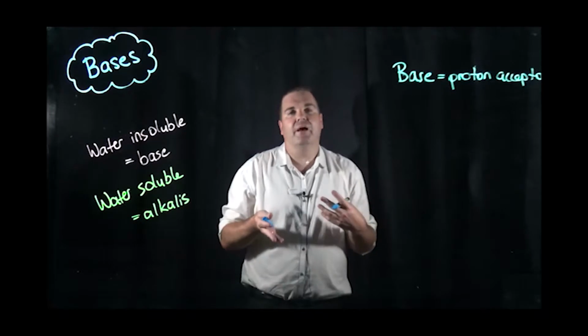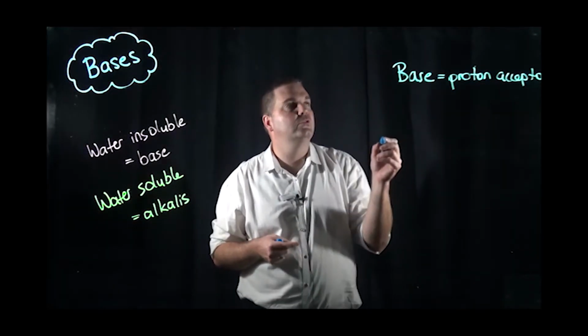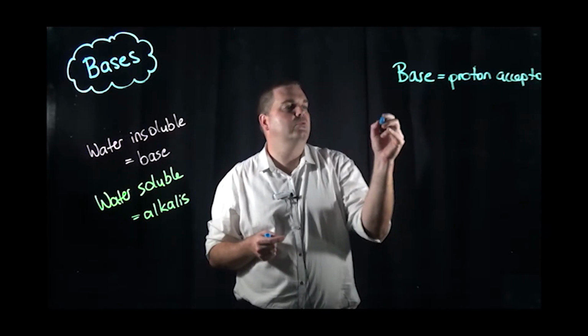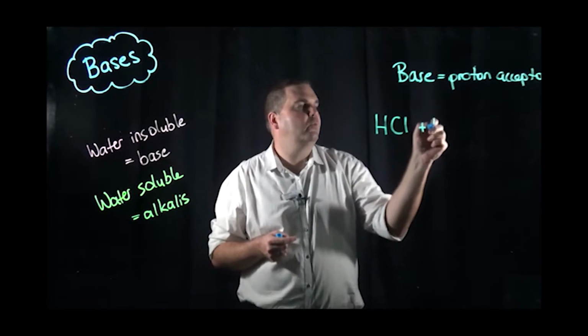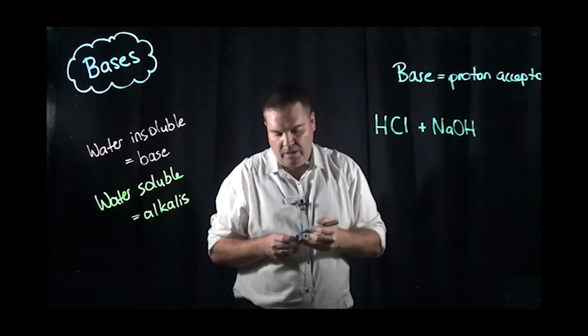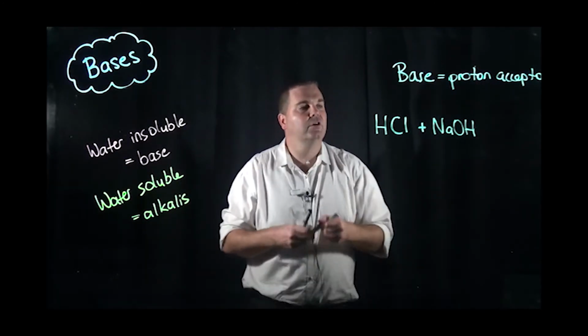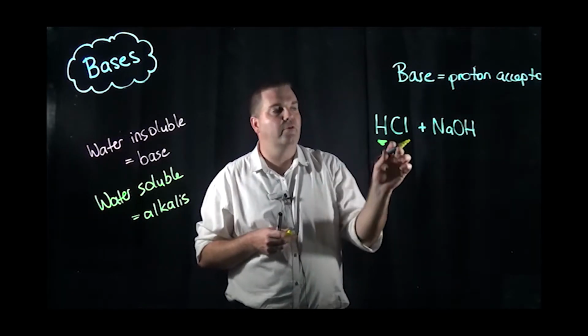A really good example that shows both of them is if you take hydrochloric acid and react that with a very common base, sodium hydroxide. Here we've got hydrogen, the proton, that is going to be donated from the acid.